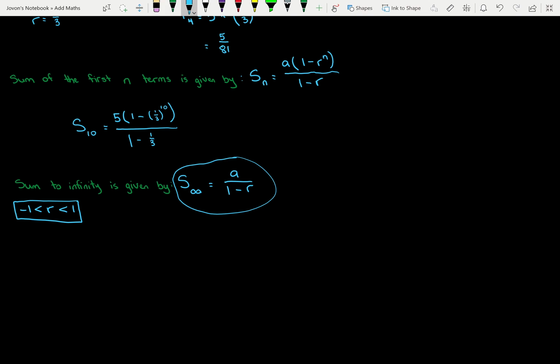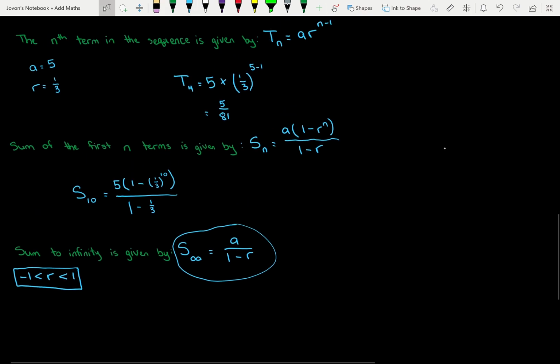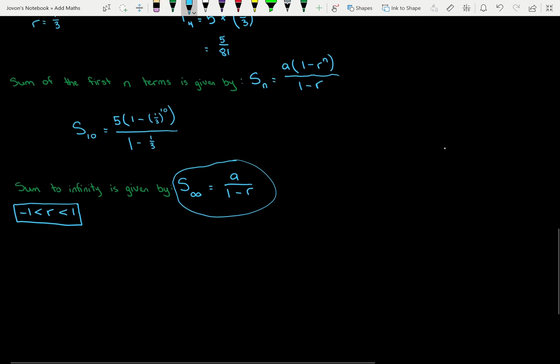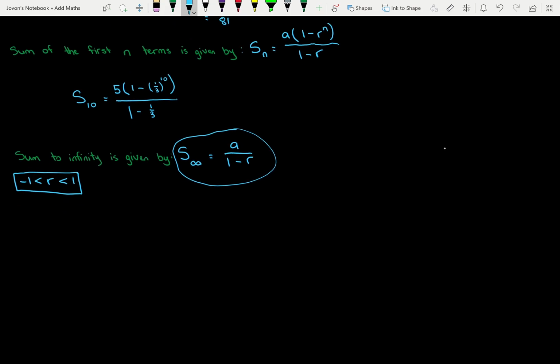In this case we could use the values we were using, since a was 5 and r was 1/3, and 1/3 is between minus 1 and 1. So the sum to infinity would be a, which was 5, over 1 minus 1/3, which is equal to 5 over 2/3, which is equal to 15 over 2.